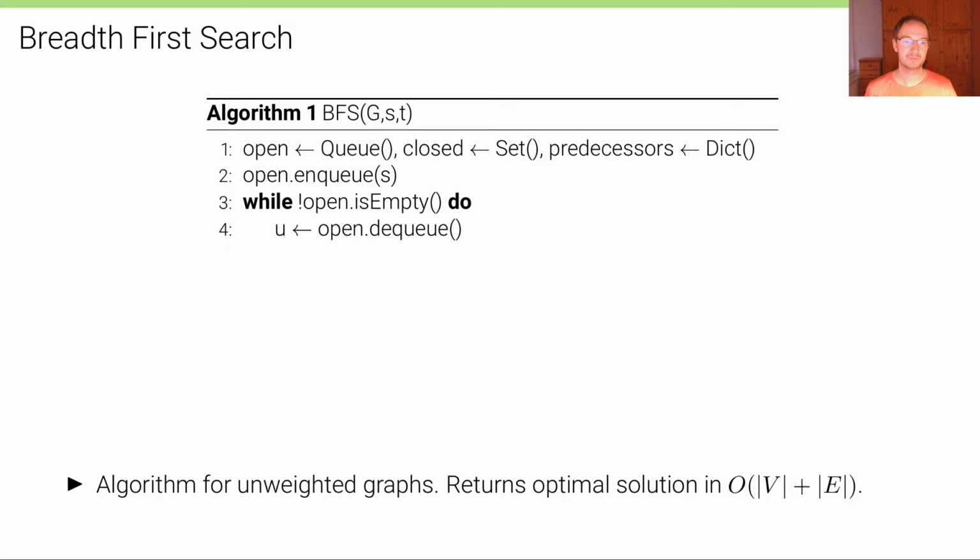We call that element U. If U is the sink, the target, then we simply return the path, which can be extracted from this sink node U and the predecessors list, which stores how we can move backwards to the source node.